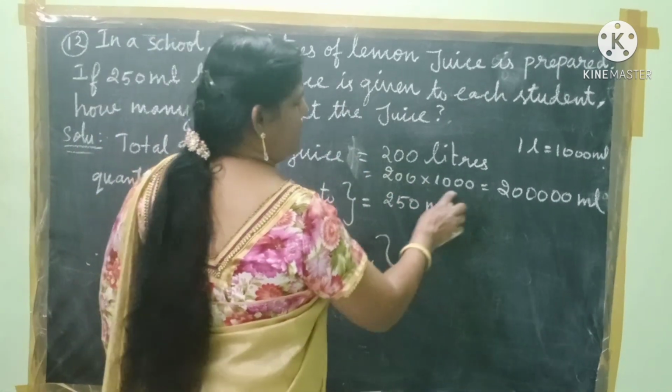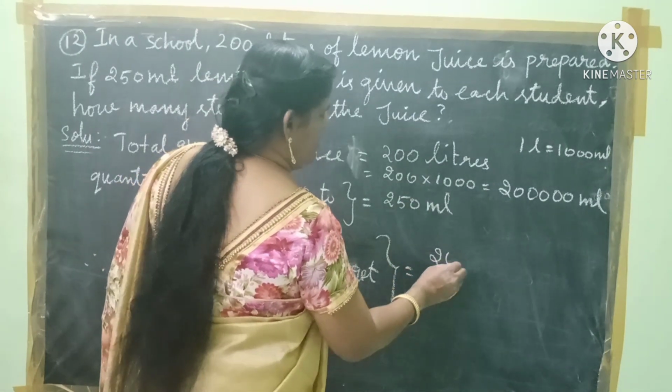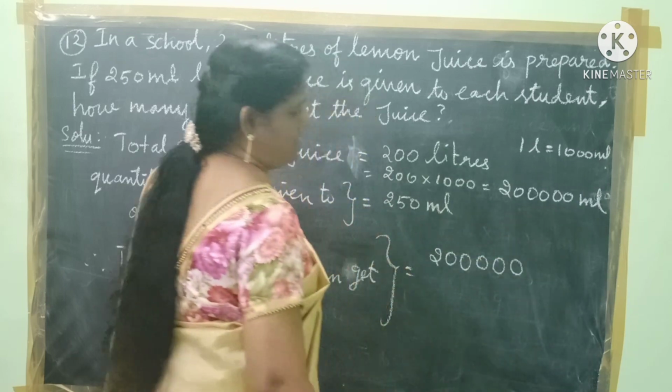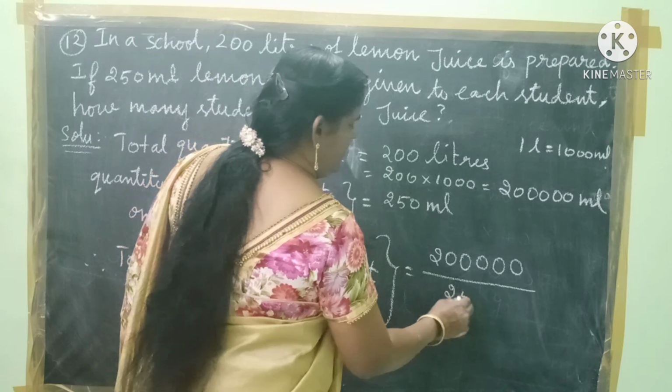Total quantity of juice divided by each. So total quantity how much? 1, 2, 3, 4, 5, 2 lakh ml divided by 250 ml.